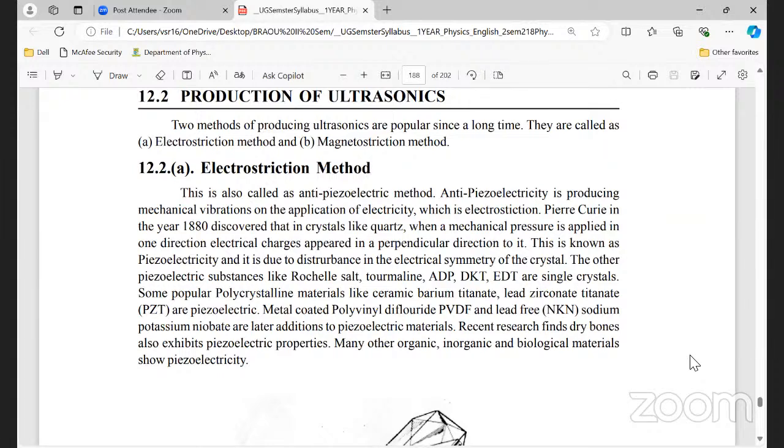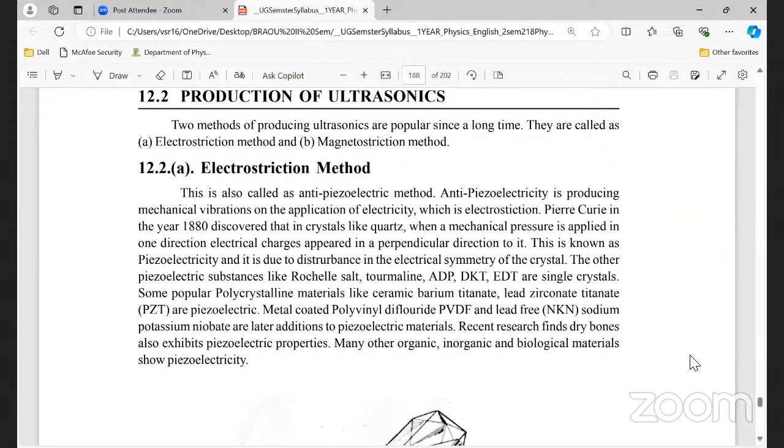These are single crystals, and some popular polycrystalline materials are ceramics: barium titanate, lead zirconate titanate, which you can call PZT. P means lead, Z means zirconate, T means titanate. PZT are piezoelectric materials.